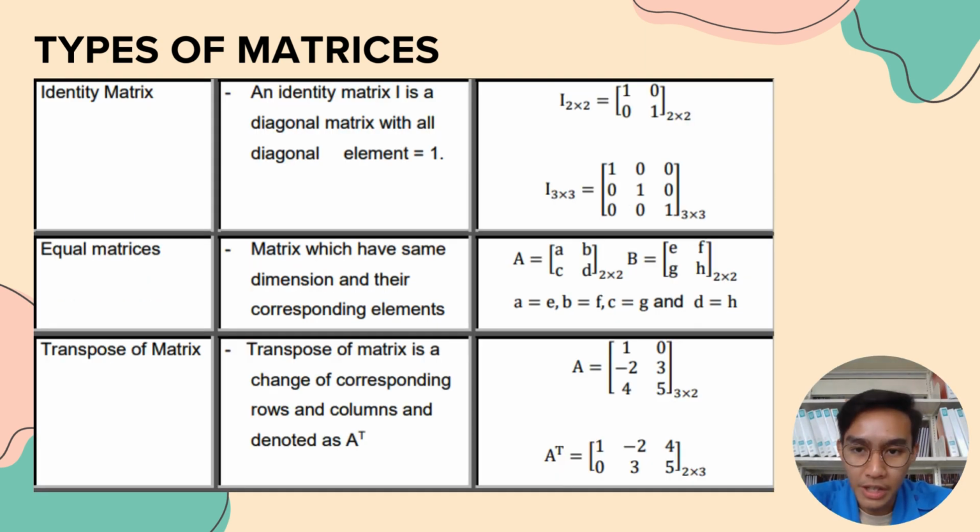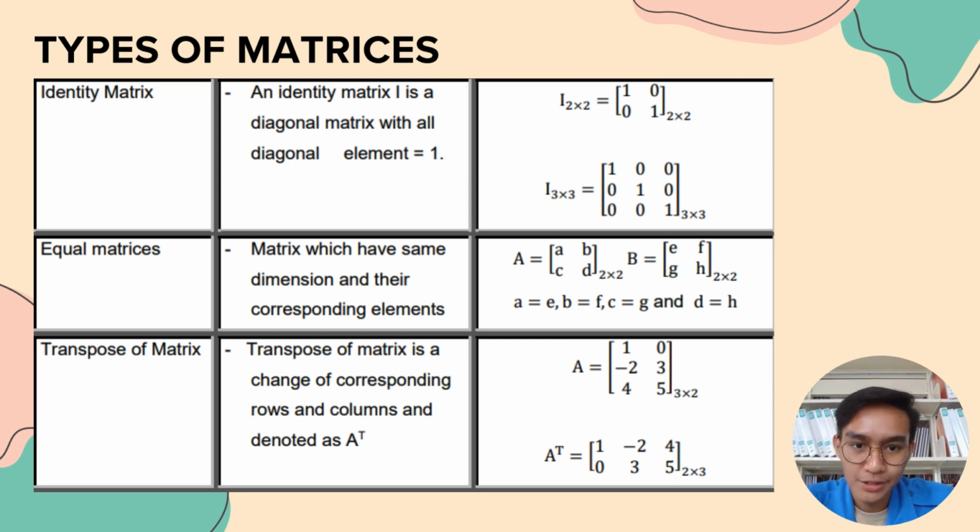The fourth type of matrix is identity matrix. An identity matrix is a diagonal matrix with all diagonal elements equal to 1. For example, matrix I is 2 by 2.